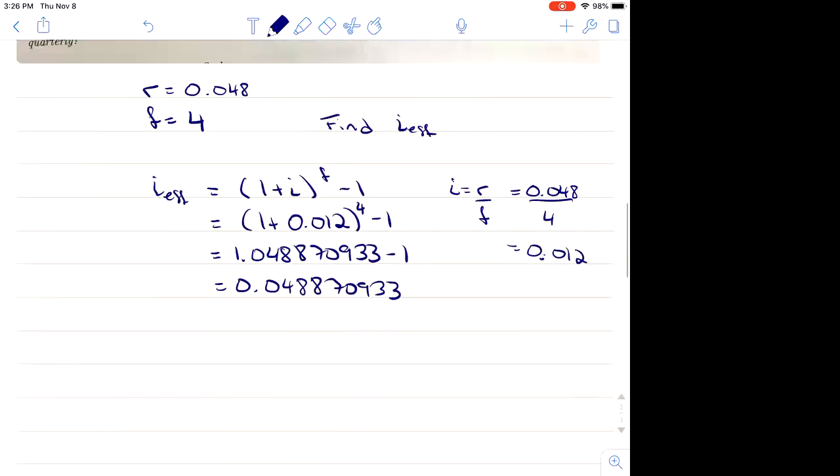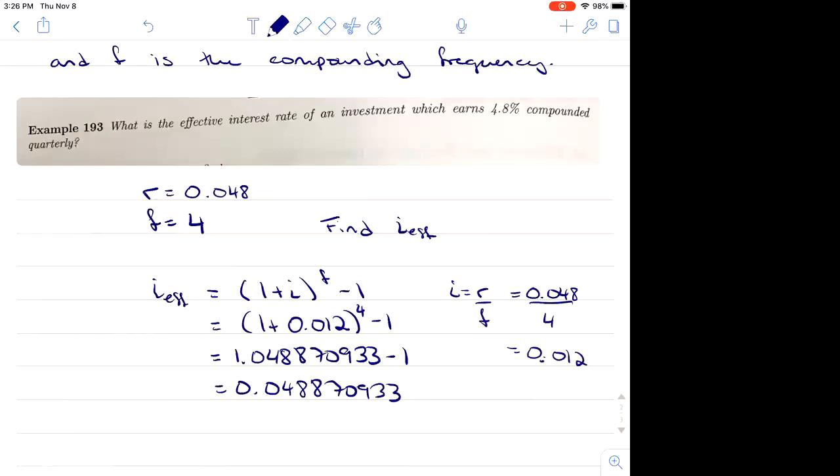It means that an annually compounded rate of 4.89% is equivalent to 4.8% compounded quarterly.